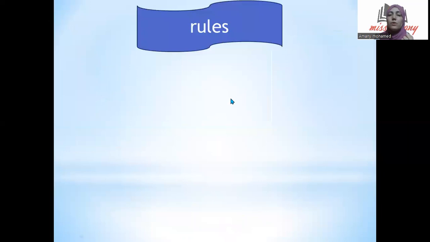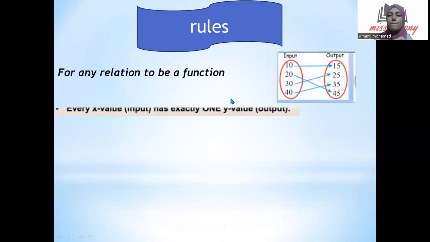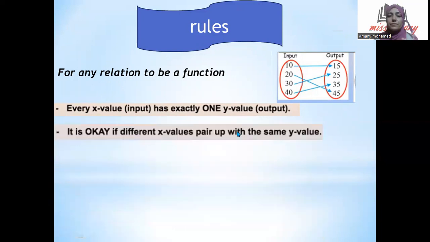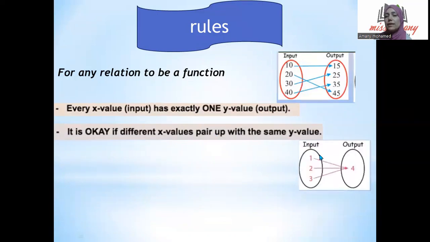Okay. Our rule in this session for any relation to be a function is this: every x value or input has exactly one y value or output. It's okay if different x values pair up with the same y value, as here, where 1, 2 and 3 have the same image.